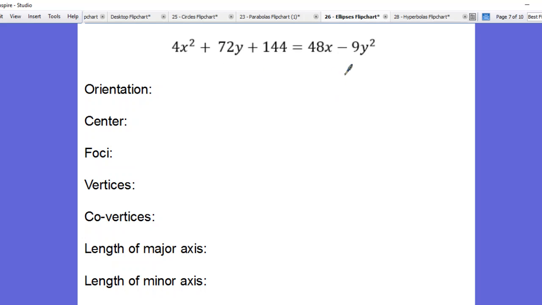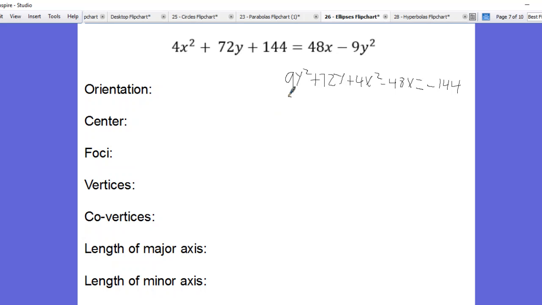I'm going to get it all on one side. We'll have 9y squared plus 72y plus 4x squared minus 48x is equal to -144. And I'm going to factor out a 9 for the y terms and a 4 for the x terms.